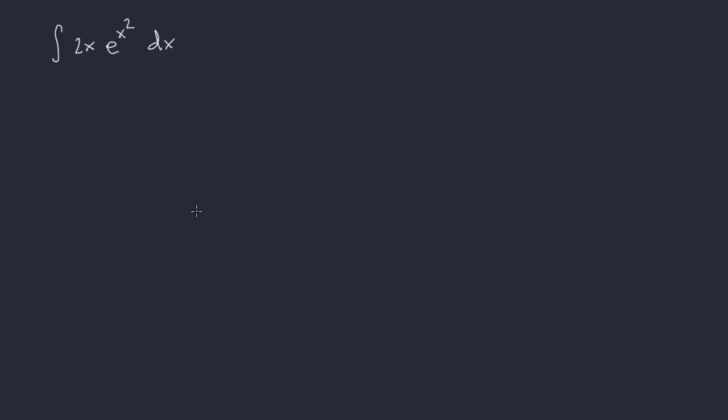All right, so for the first example, let's say we have the integral of 2x e to the x squared. So notice that we're looking at this piece here, and this is what we're looking for. This is an e to the stuff, right? And it's not just an e to the stuff.